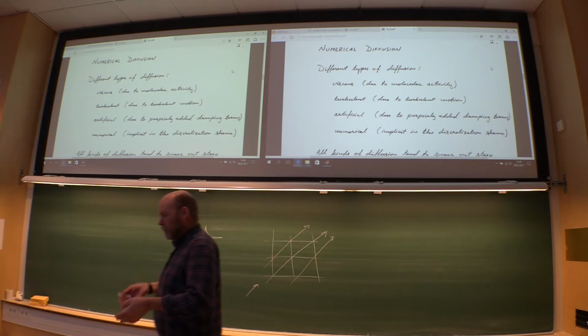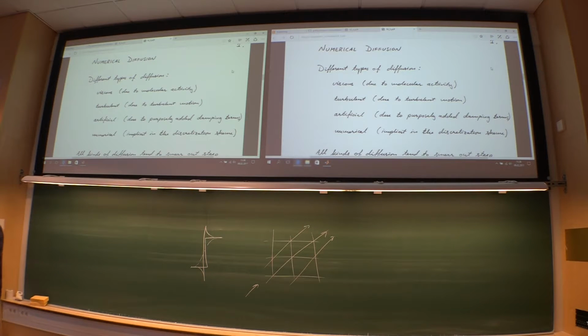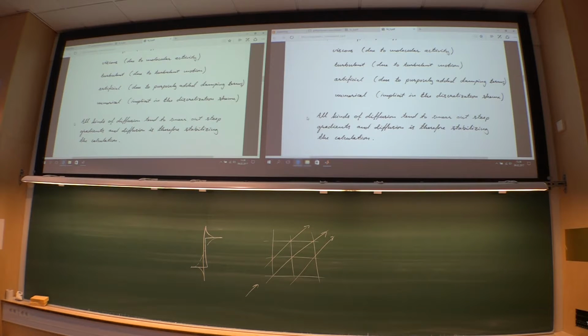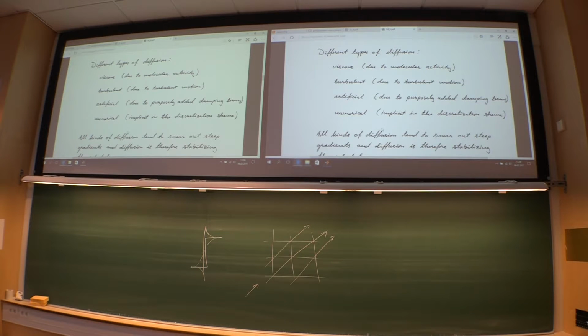That may induce a diffusion effect. You will smear out gradients in the directions where it's not supposed to. We will see examples of that as well. So actually five different diffusion mechanisms. And all in all, hopefully it should be positive.